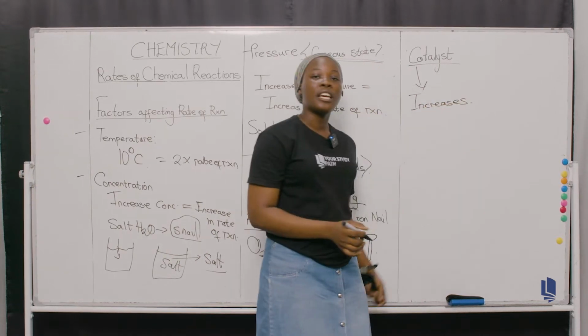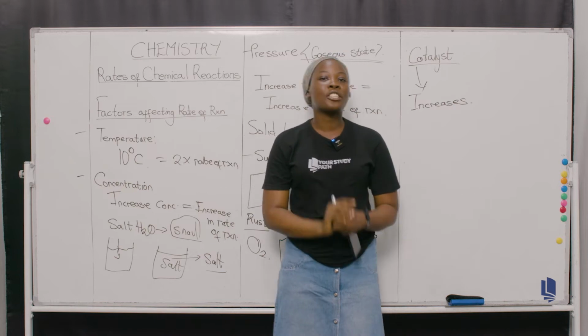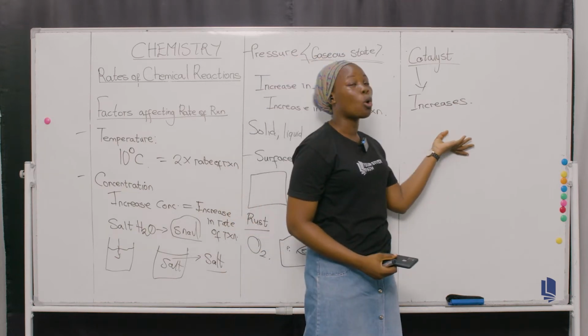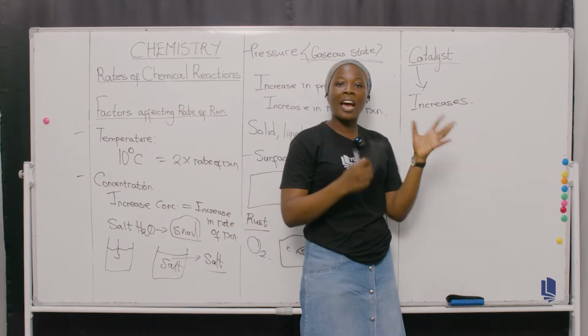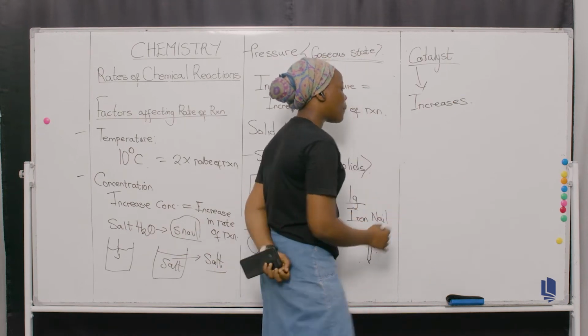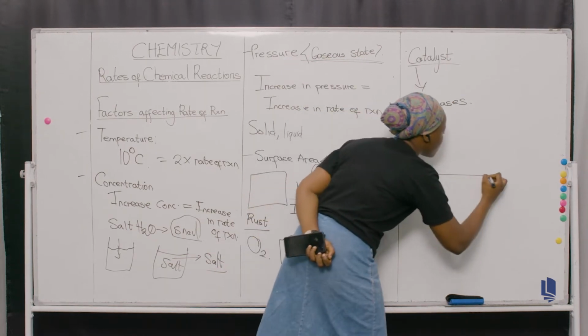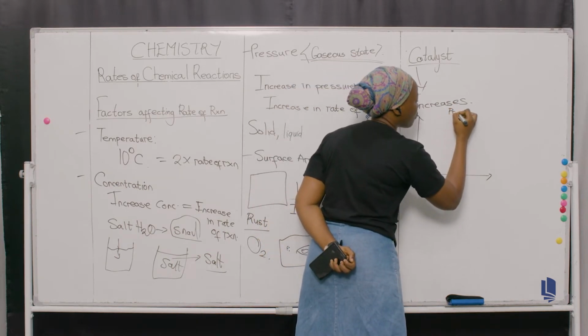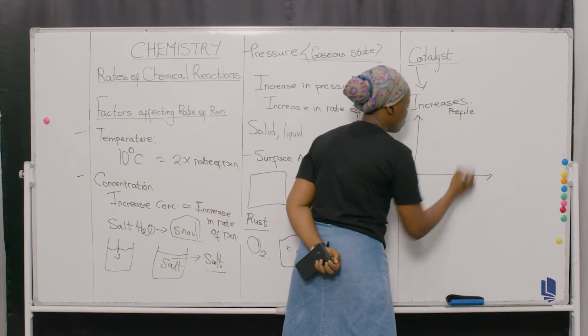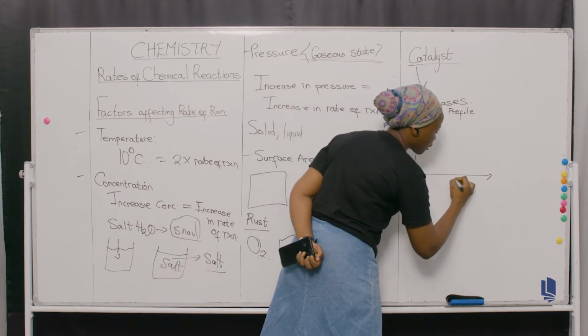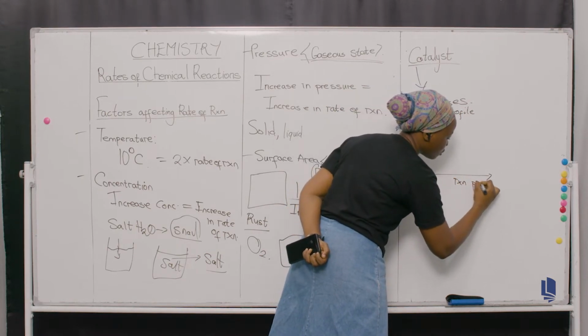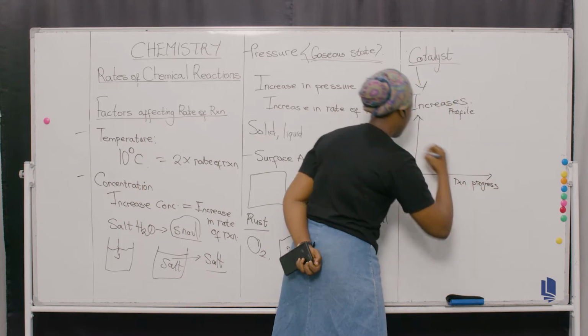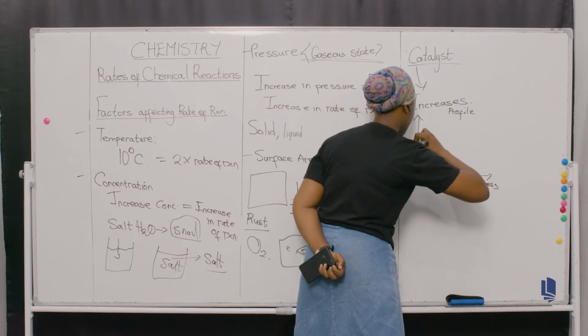Presence of catalyst in the reaction system would increase the rate of reaction. And how does it do this? We are familiar with this energy profile, with reaction progress and reaction energy.